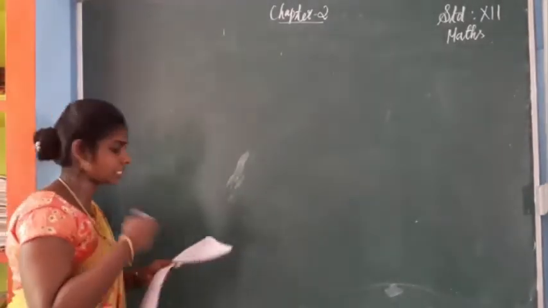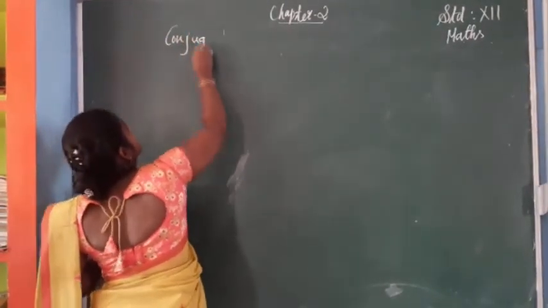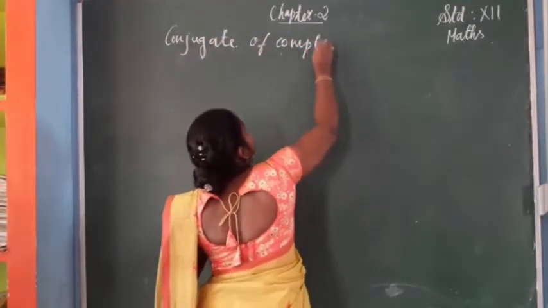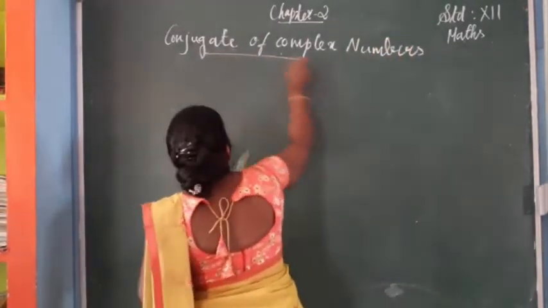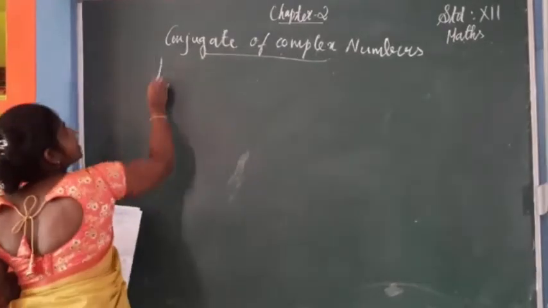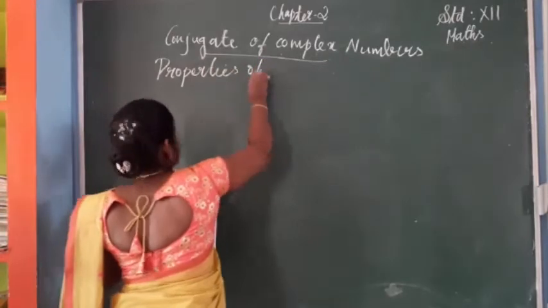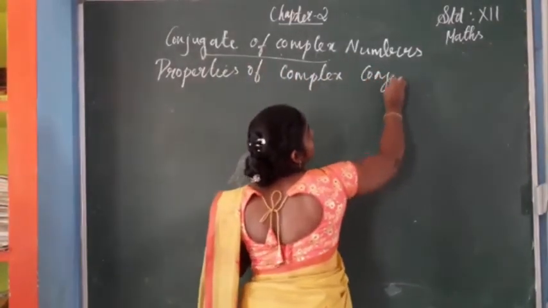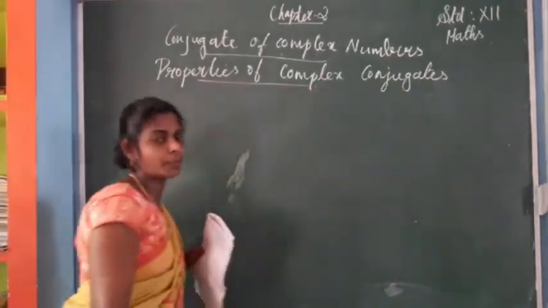Note down the properties. Properties of complex conjugates. So I have 10 properties.